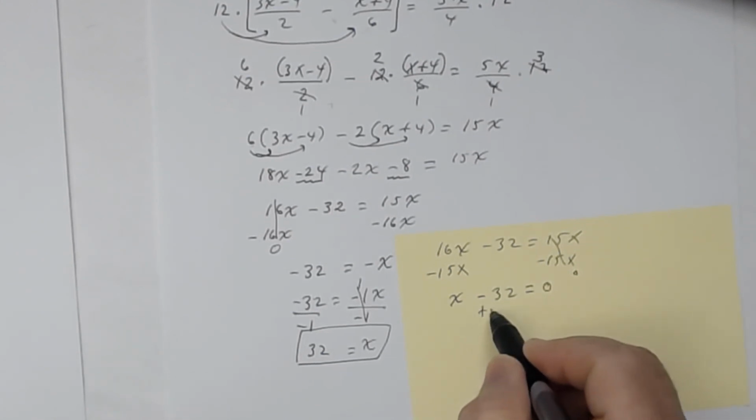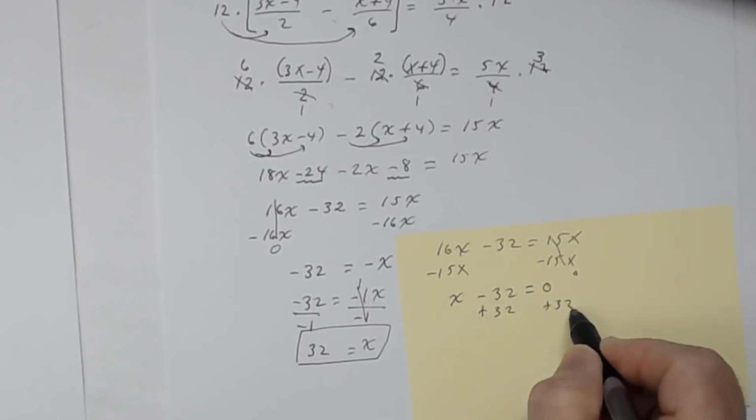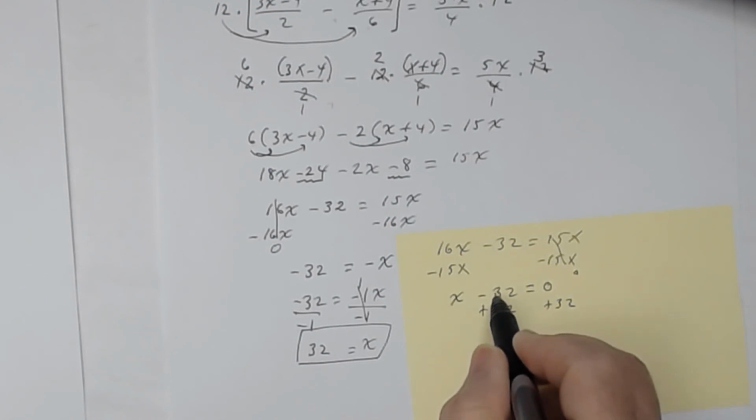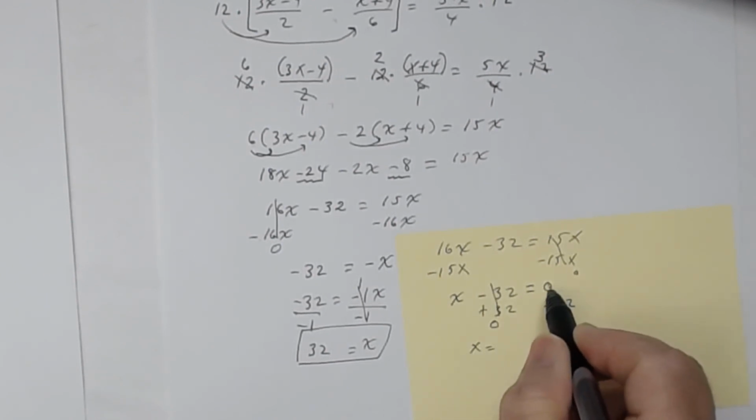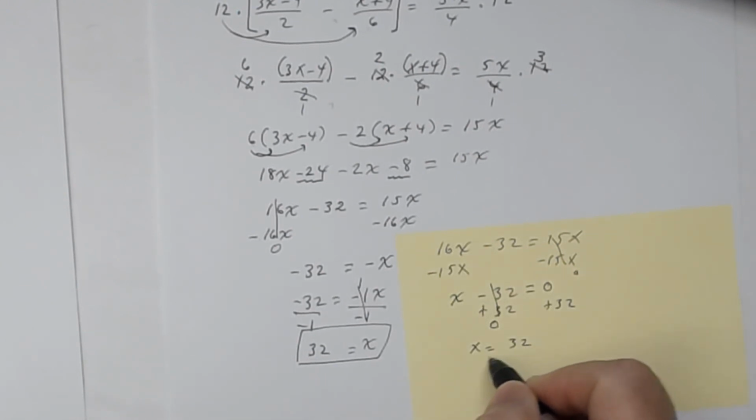Now you just add 32 to both sides. A negative 32 and a positive 32 is 0, so you get x equal 0 plus 32, which is 32.